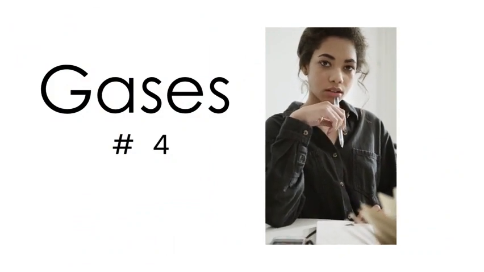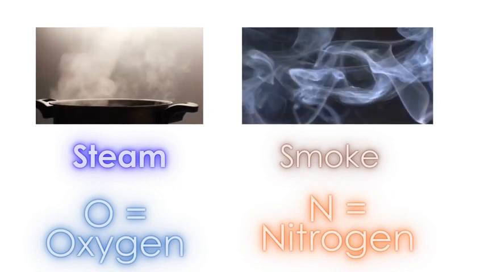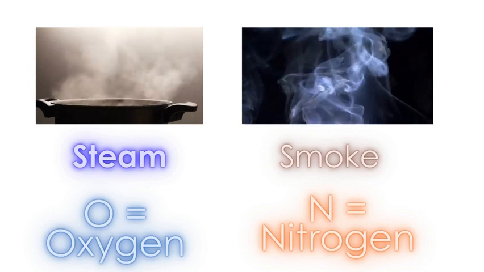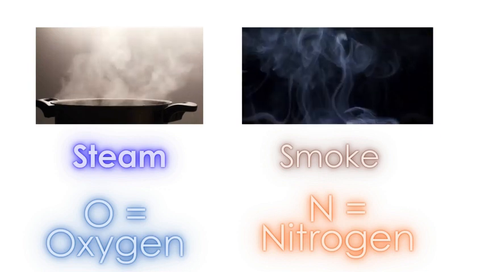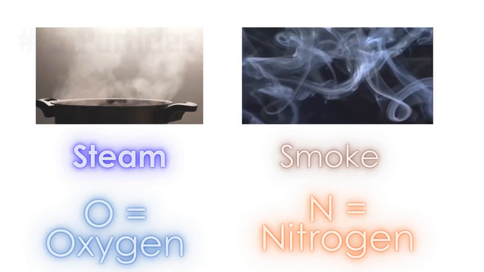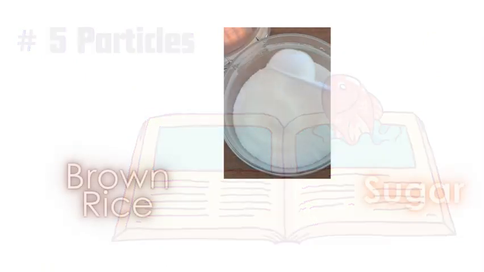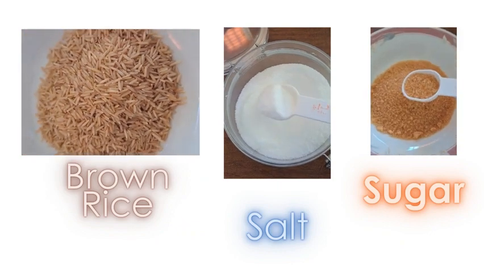Number 4, gases. Uncountable nouns for gases. For example, steam, smoke, oxygen, and nitrogen. Number 5, particles. Uncountable nouns for particles.